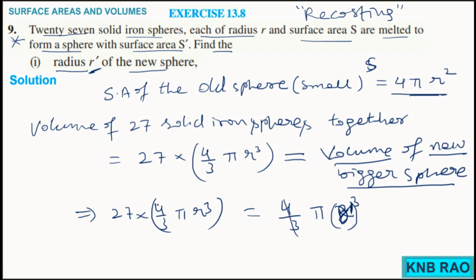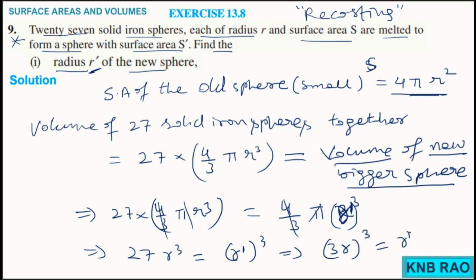So this 4 by 3 pi cancels. Now I have 27 small r cube equals r dash whole cube. Now this 27 can be taken inside, because 27 is written as 3 cube, so 3r whole cube equals r dash cube. It implies, therefore, r dash equals 3r. So this is the solution of this one. r dash is 3 times small r.